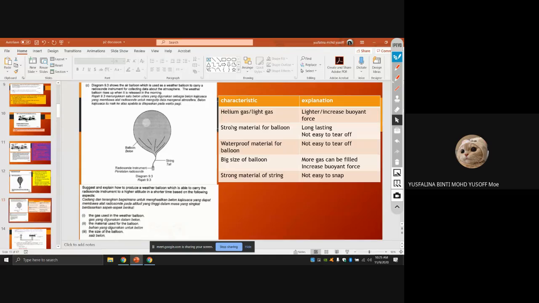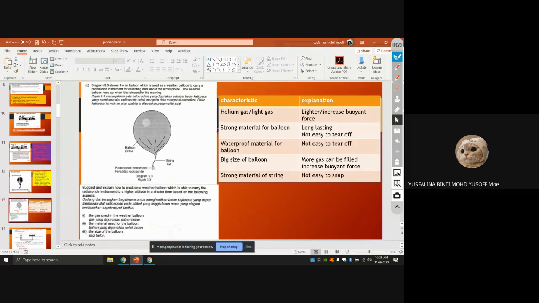And then the material for the balloon. The material for the balloon is strong material, so long lasting, not easy to tear off. The third one is a waterproof material for the balloon, so it is not easy to tear off.